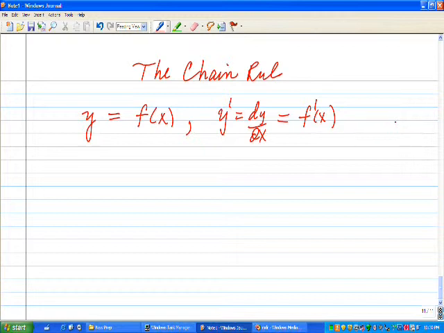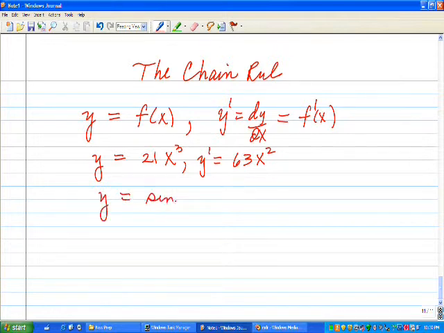For instance, we know that if y is equal to 21 x to the third power, that y prime is equal to 63x squared. If we have that y is equal to sine of x, we know that y prime equals cosine of x. Just straightforward. We've done a lot of derivatives.